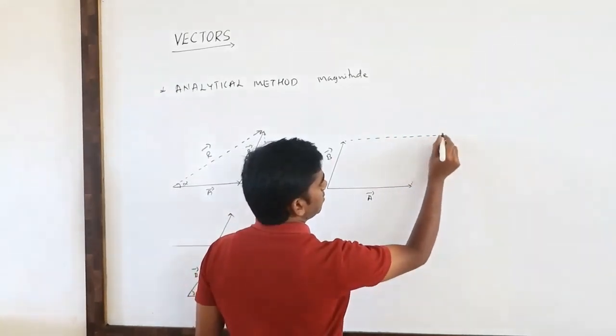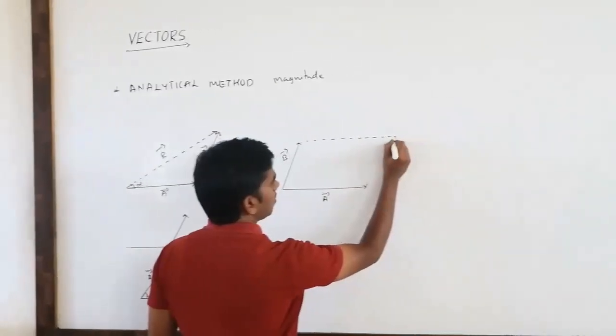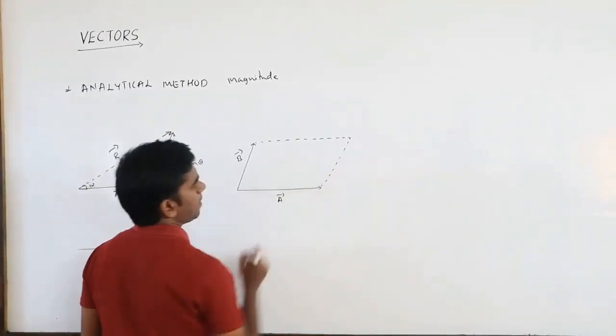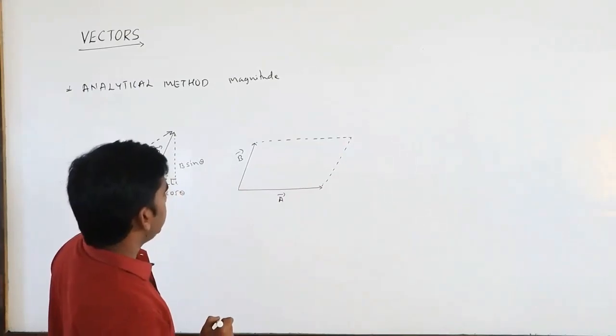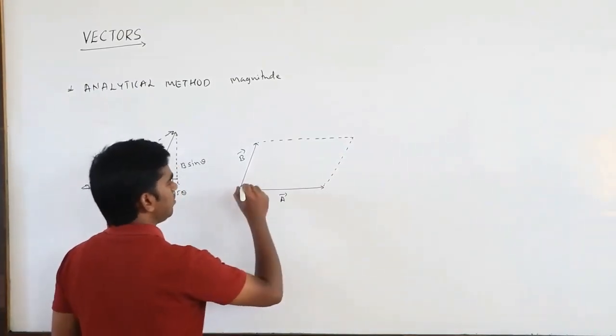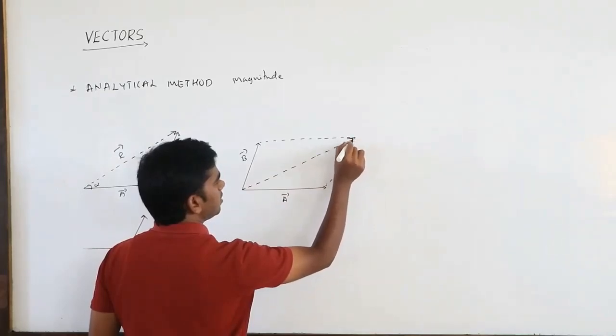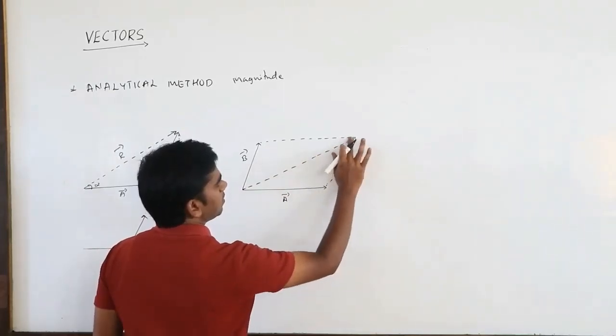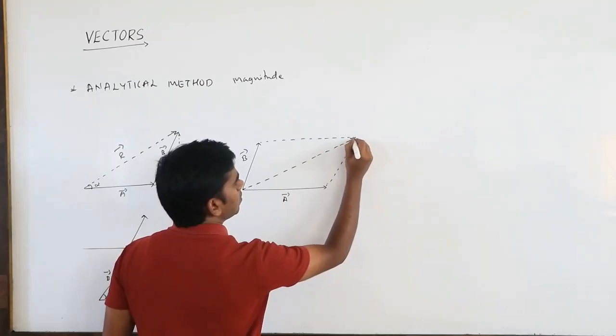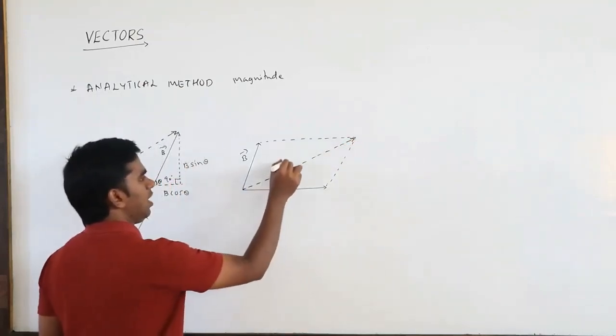This will be like this. So the resultant will be here. This is going to be the resultant.